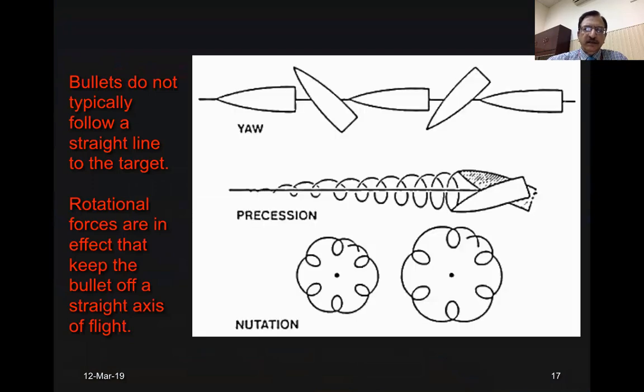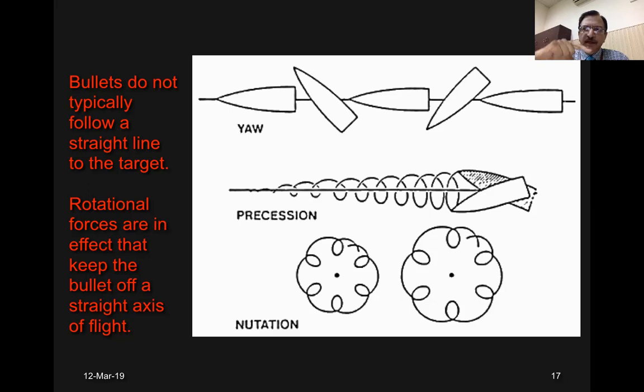And there are some other movements. Despite moving forward with the forward velocity and rotational velocity, the bullet will have other atypical movements like yaw. Yaw means that the tip of the bullet dips up and down during the flight.